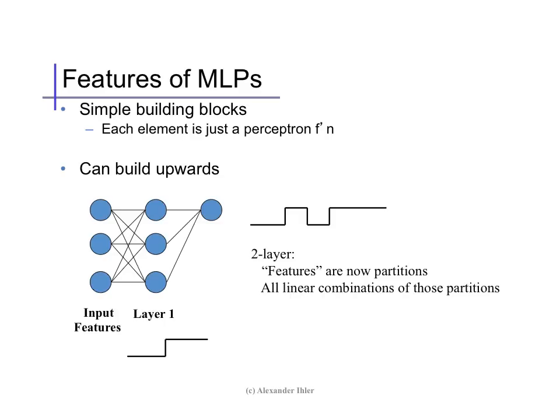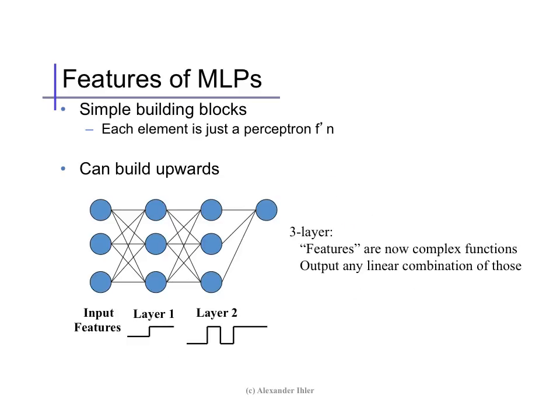So the features are simple, they're soft thresholds of linear combinations of the input, but then by combining them, we can get more complex outputs like the ones we saw before. If we add a third layer on top of that, now these complex outputs become the new features for the next layer, leading to even more potentially complex outputs, and so on.